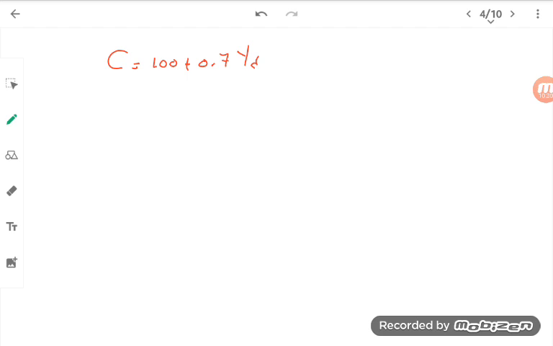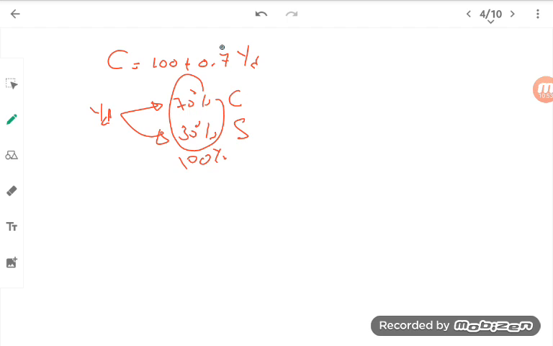This means that 70% of your disposable income will be spent on consumption. Your disposable income is 100%, 70 for consumption, so 30% will be saved. The total is 100%, which is 1. So the summation of marginal propensity to consume and marginal propensity to save will be 1.